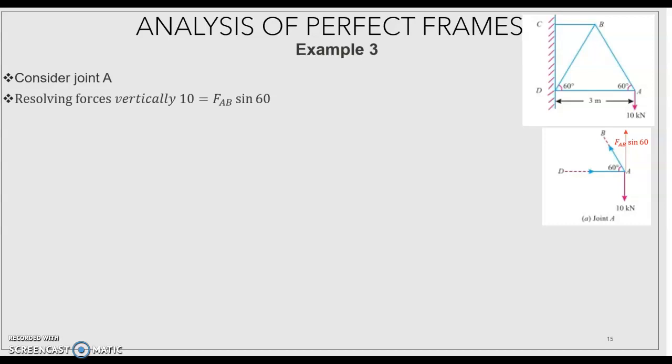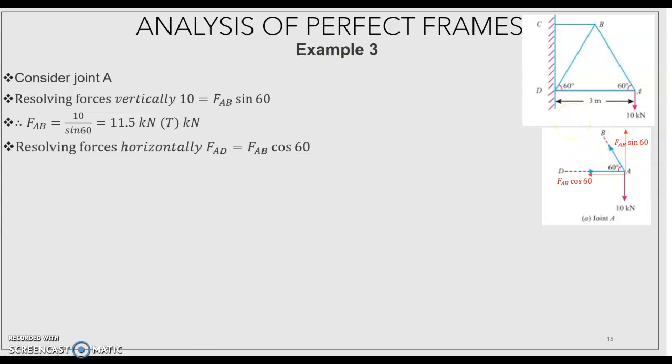Equating these, we get FAB equal to 11.5 kilonewton. Then resolve horizontally. The horizontal forces are the force in member AD and the horizontal component of AB, FAB cos 60. Equating these two, we get FAD equal to 5.7675 kilonewton compression.